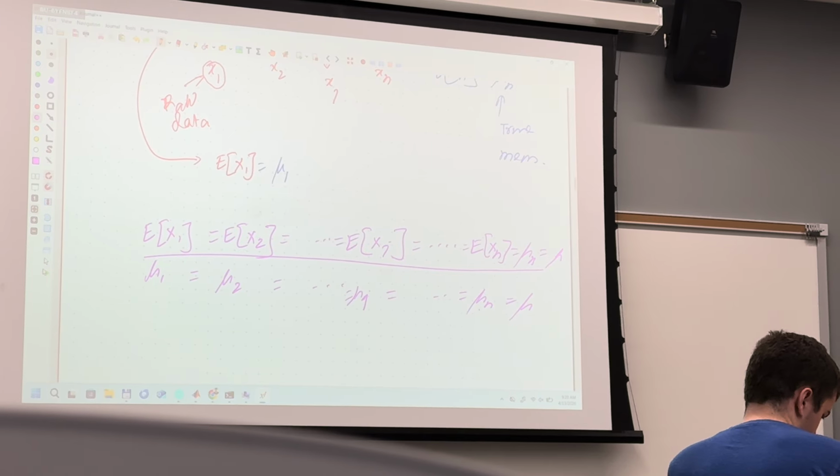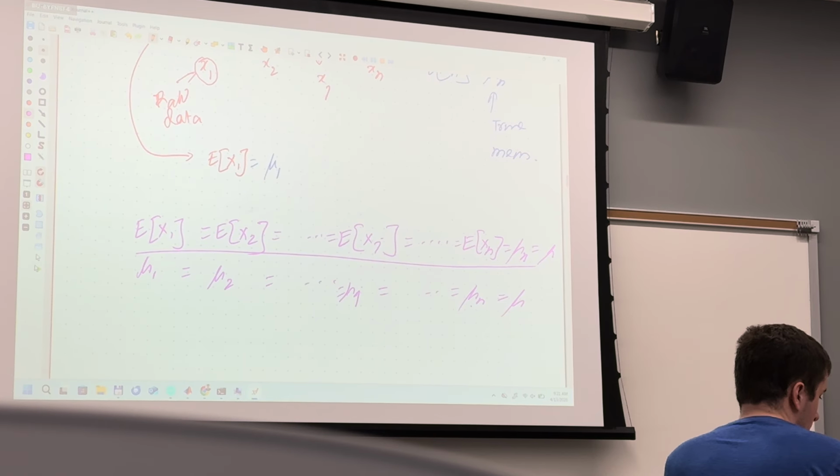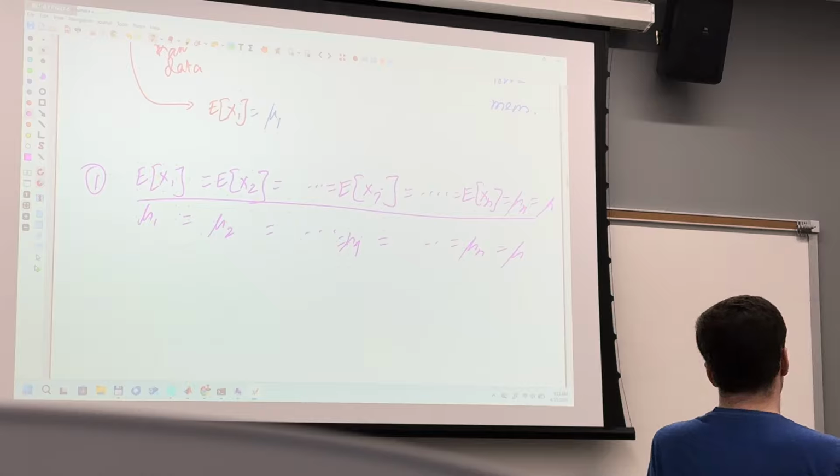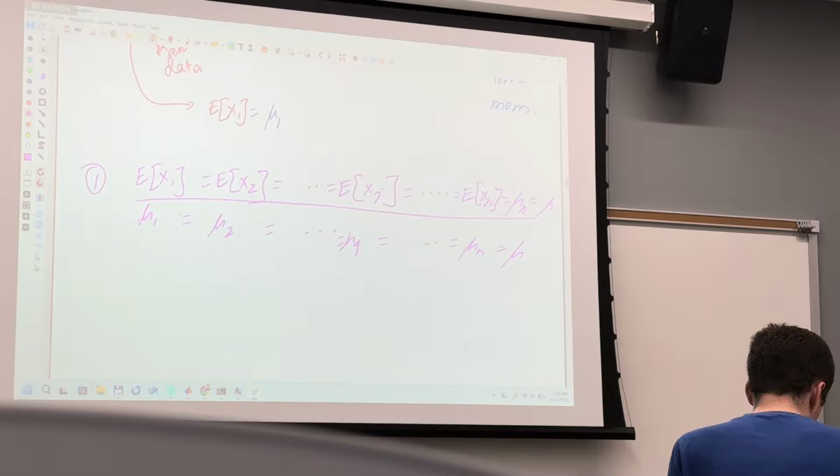We may not know that mean. If we work with sample mean, that's okay, but the true mean we do not know. This is one condition for IID random variables.